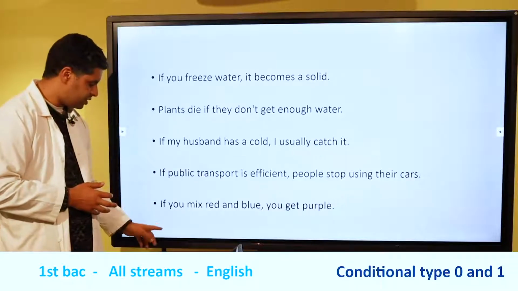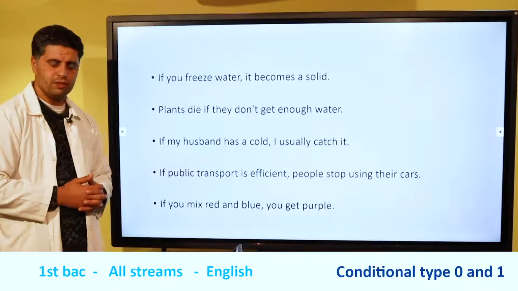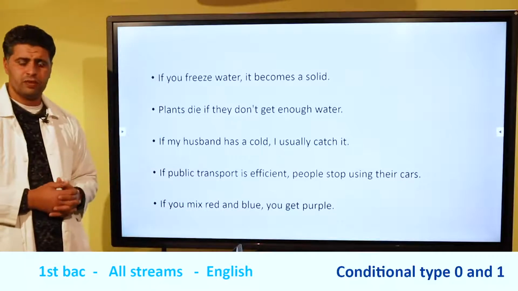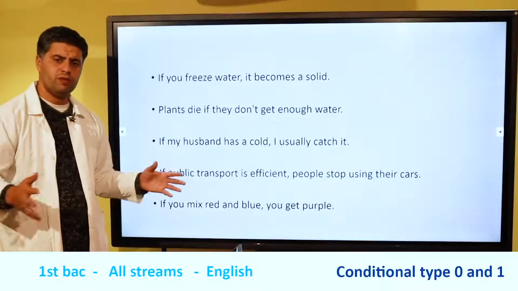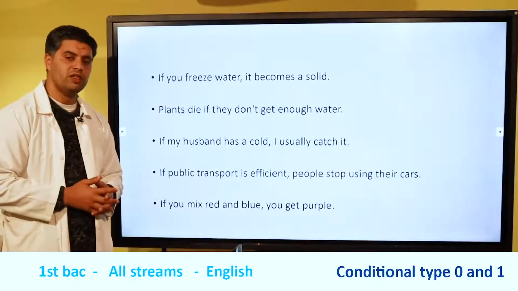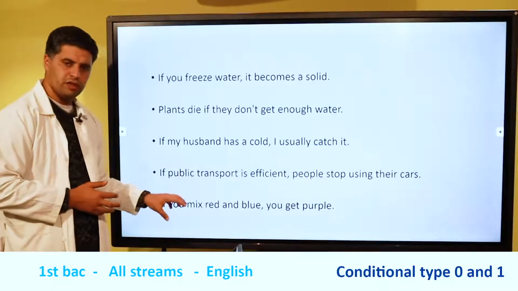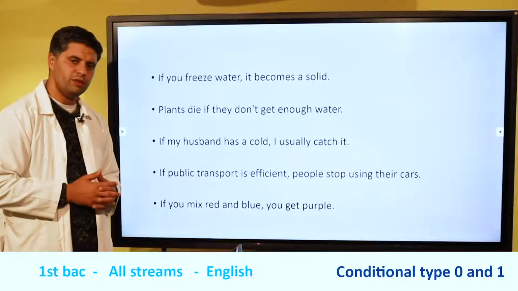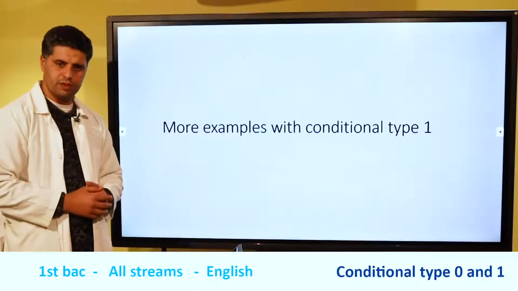So as you can see, conjunction, subject, the verb mix, which is used in the present simple, and here we have subject plus get, the verb to get, which is also used in the present simple. Why? Because we have to form the conditional 0, which consists of an if clause and a result. And the if clause should be used with the present simple, and the result should be used with the present simple also.